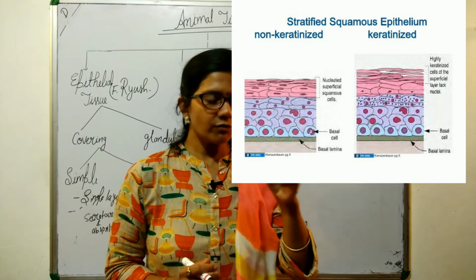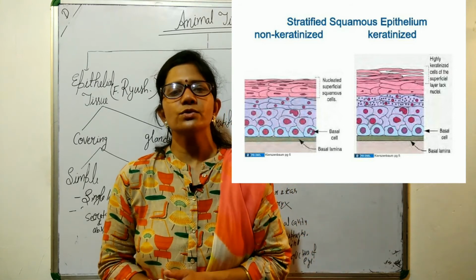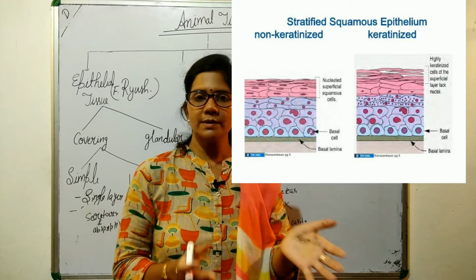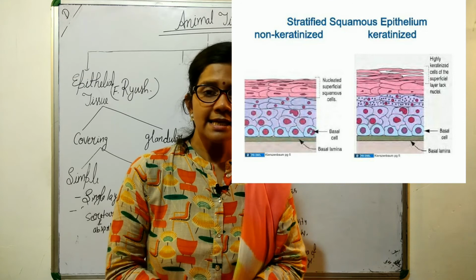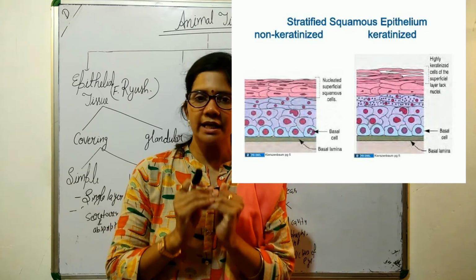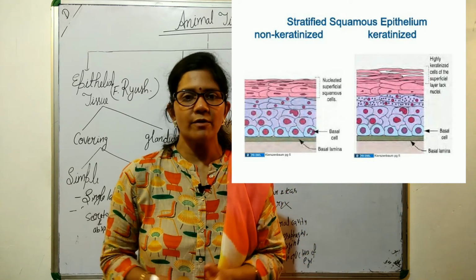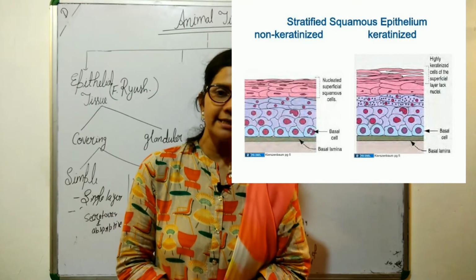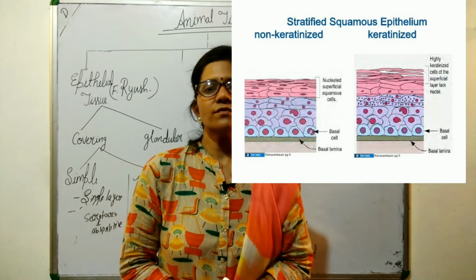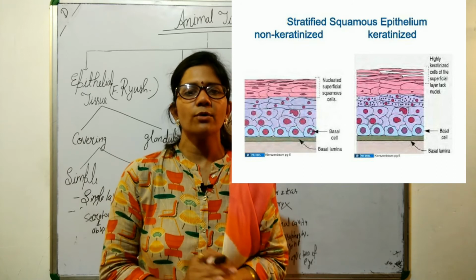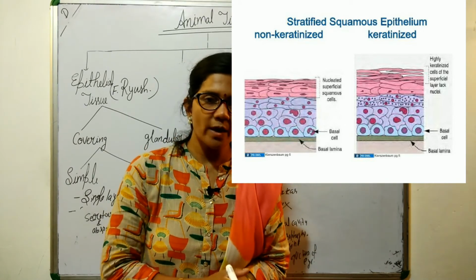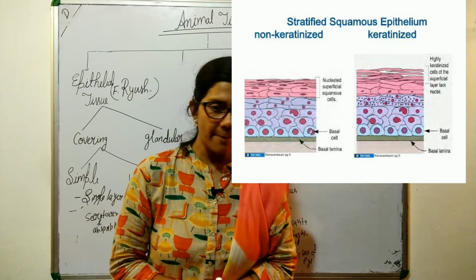So their water content is very low, and you will see that they are dead cells, and they have a protein found in this type of tissue. That protein is known as keratin. Because of the presence of this keratin protein, they are known as keratinized stratified squamous epithelial tissues.